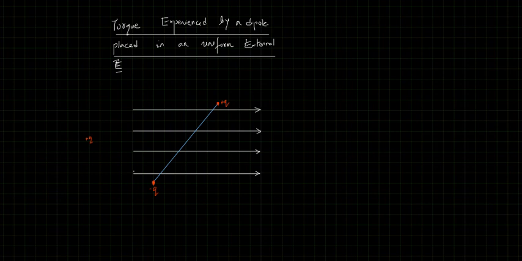As it is repelling it, it is moving away from the charge. So the force experienced by this plus q charge will be along the direction of the electric field, this side.